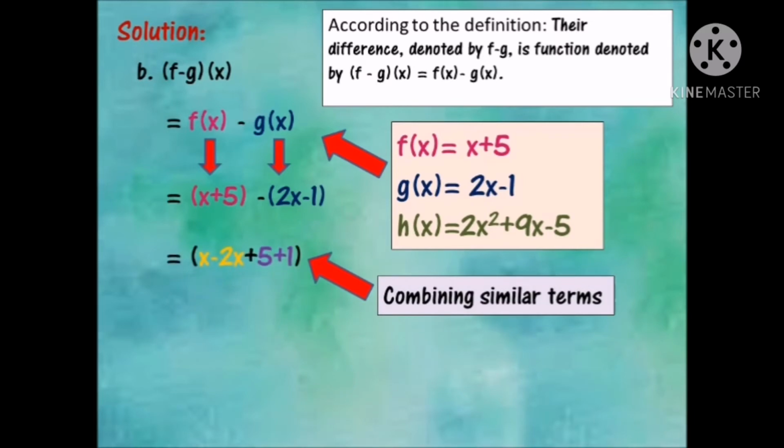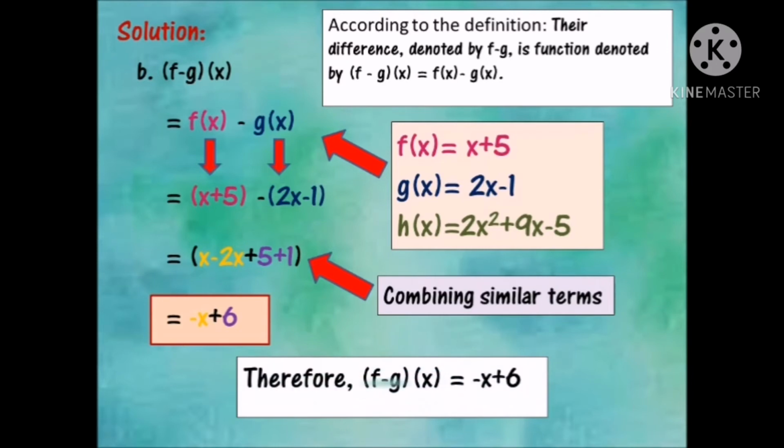So, we have x and then negative 2x na siya dahil sa ating operation na subtraction doon. And then, positive 5 and then negative times negative 1, that is positive 1. So, x minus 2x, that is negative x, and 5 plus 1, that is 6. Therefore, negative x plus 6 is the difference of the function f minus g of x.